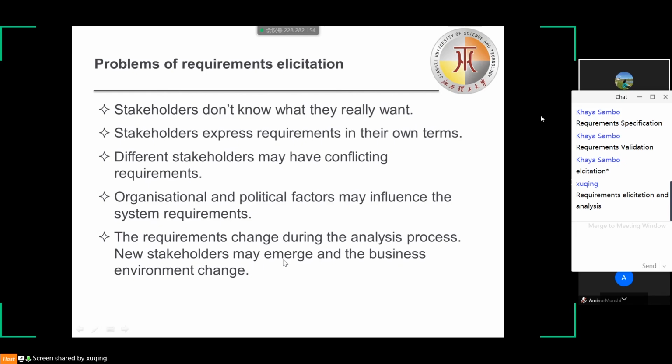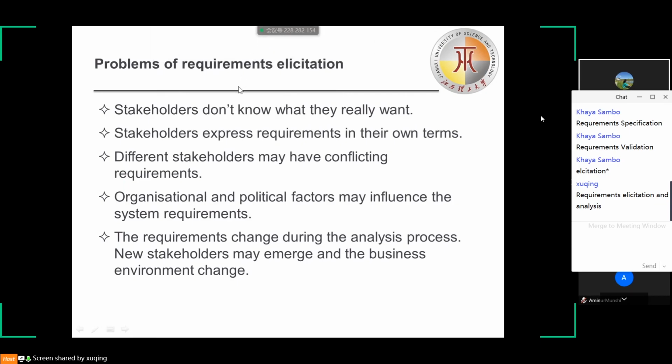It may change during the analysis process, and the importance of particular requirements may change. New requirements may also emerge from new stakeholders who were not originally consulted. So in this situation, we may also have some problems of requirements elicitation.